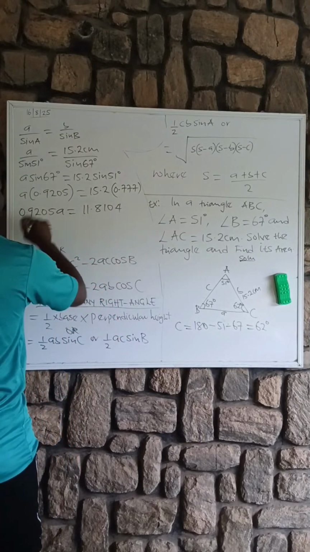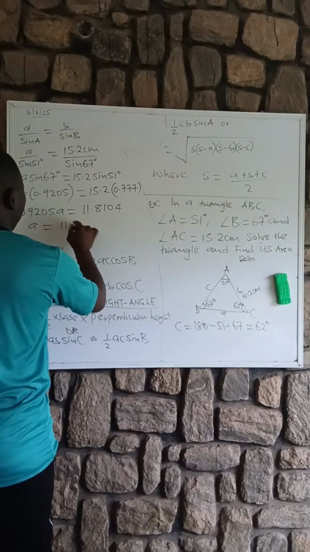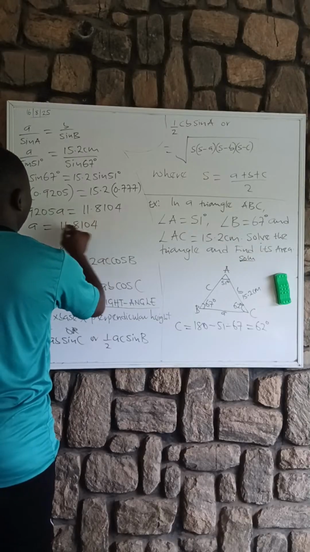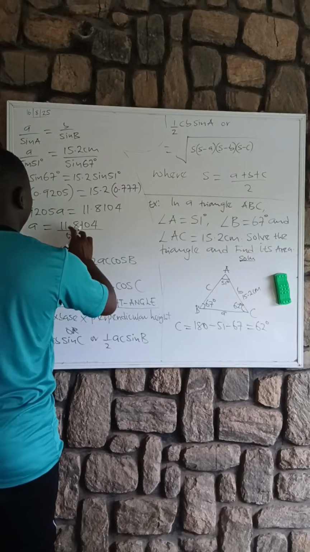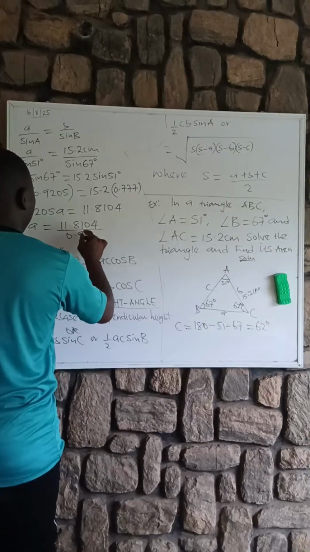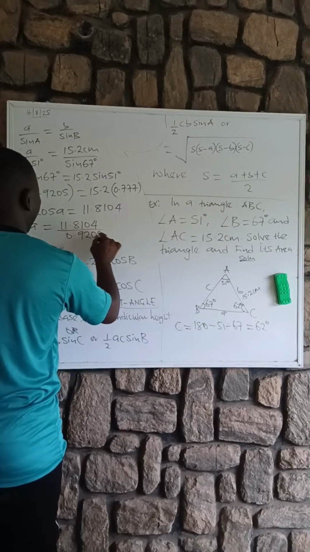Our A will be equals to 11.8104 all over 0.9205.